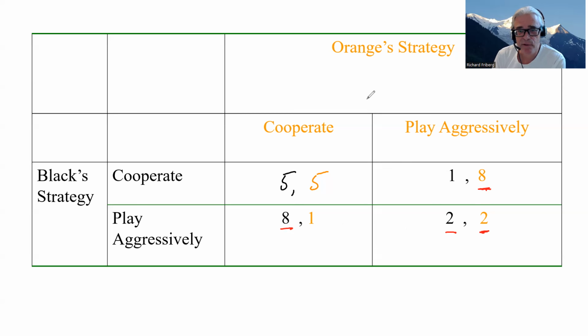No matter if orange was cooperating or playing aggressively, the payoff for black was greater if it played aggressively. Similarly for orange, its payoff of playing aggressively, 8 compared to 5 and 1 compared to 2, was greater, irrespective of what the other player did. Okay, so each had a dominant strategy of playing aggressively.